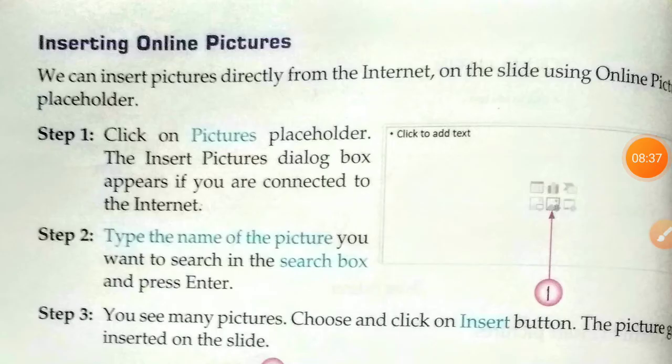Children, we can also insert an online picture in our slide. We can insert pictures directly from the internet on the slide using the online pictures placeholder. How? Step number 1, click on the online pictures placeholder.